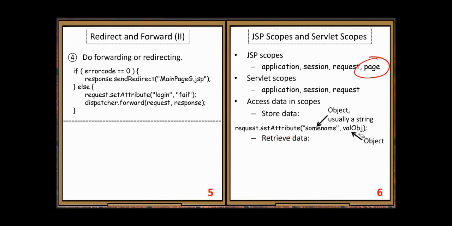Second, retrieve data. Later, you need to retrieve the data, and when you do, you need to be very careful. When we retrieve data, we do it through the attribute name, only one parameter, and it returns the attribute value. But what is the data type of your attribute value?